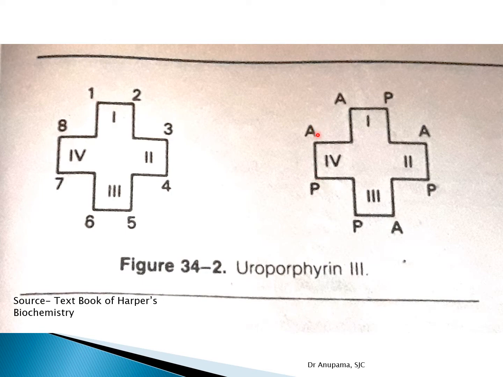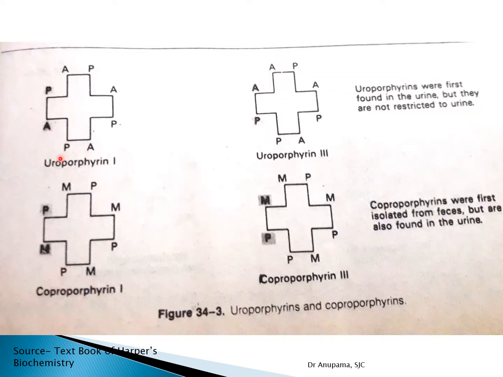Here it is PA. The substitutions to the porphyrin ring can be symmetric or asymmetric. Examples for symmetric are uroporphyrin 1 and coproporphyrin 1. You can see at the positions 1 and 2, 3 and 4, 5 and 6, 7 and 8 it is the same: AP, AP, AP, AP.